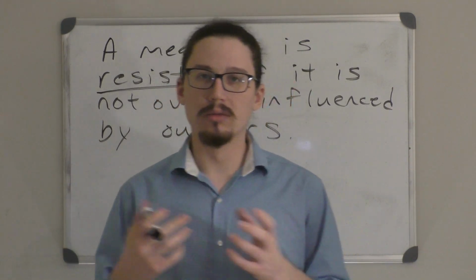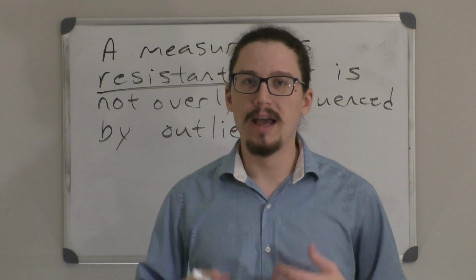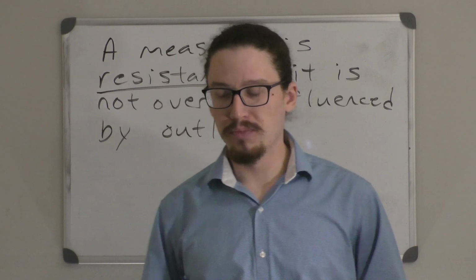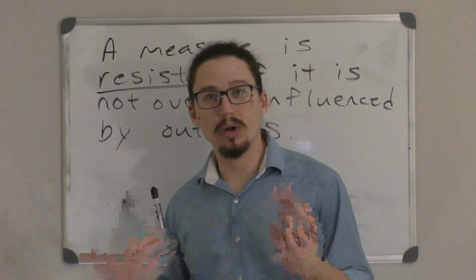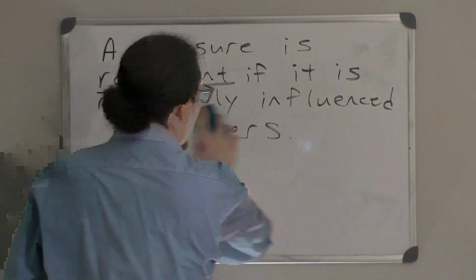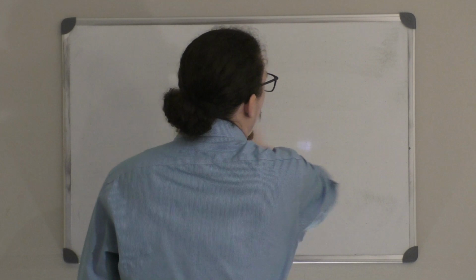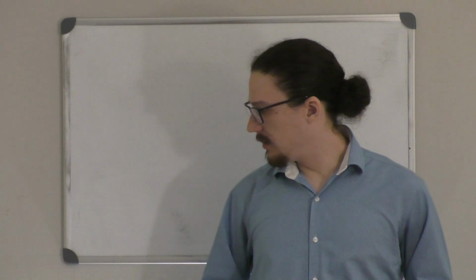If we have outliers and a measure that is not resistant, those relatively small or large values can pull our measure to where it's not as representative as we would like it to be. If we have a resistant measure, it's going to resist the pull of those outliers.